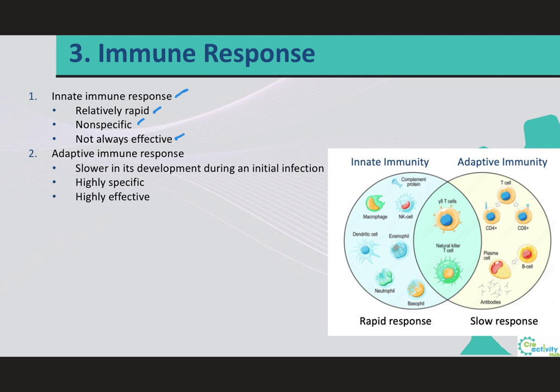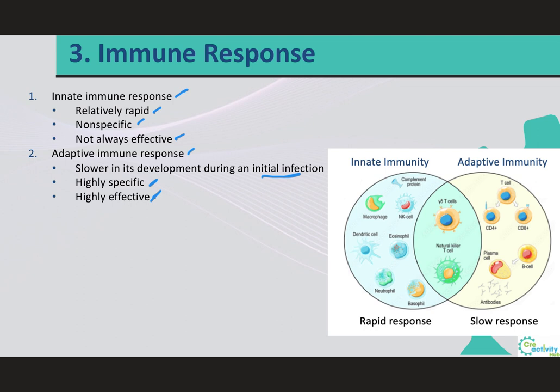And the second one is what we call the adaptive immune response, which is slower in its development during an initial infection with a pathogen, but then it becomes highly specific and effective at attacking a wide variety of pathogens once our body has already been exposed initially to this pathogen.